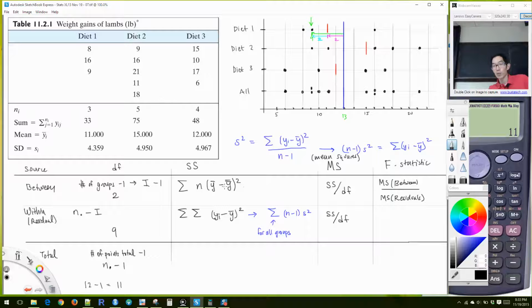So we're kind of sharing the total sum of squares. We're dividing this by kind of how many groups we have. And we're taking the residual sum of squares and dividing it by kind of how many data points we have. So it's like the average sum of squares for each data point, the average sum of squares for each group, kind of like that. That's the idea behind mean squares.